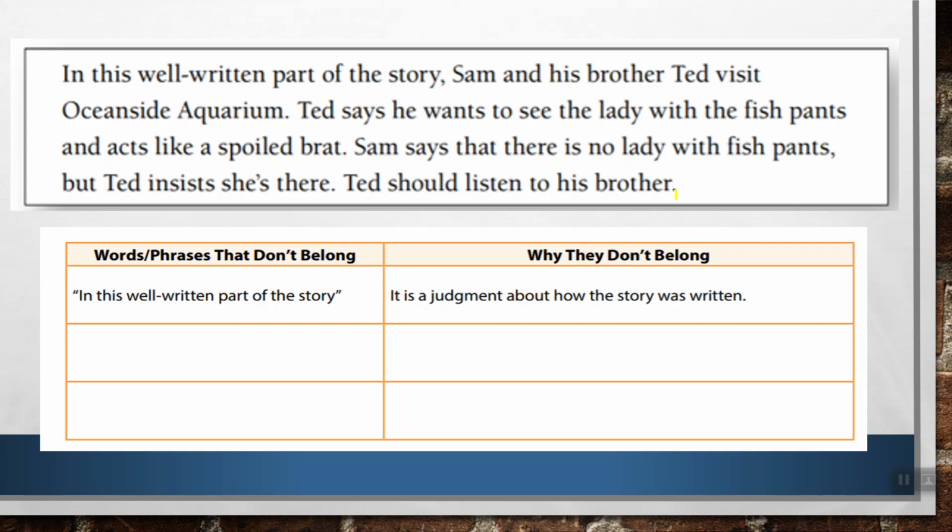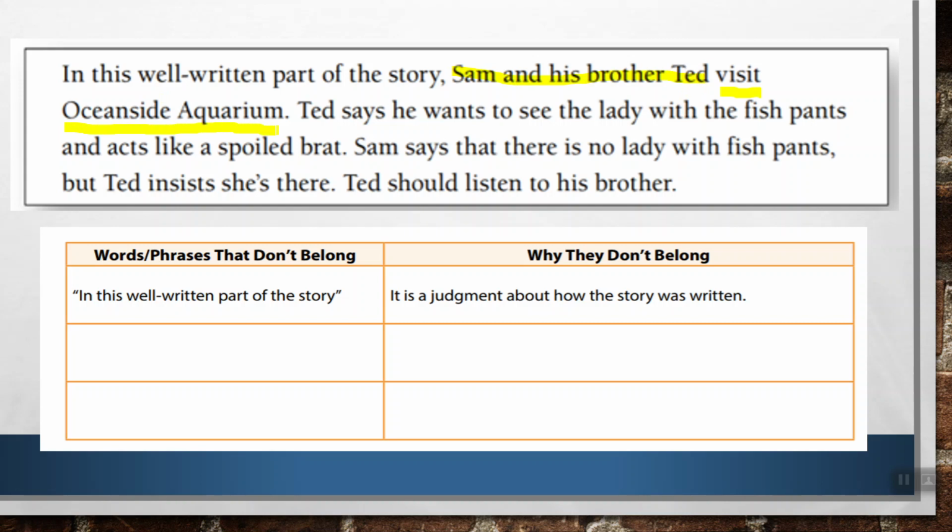Thinking back to what a summary is, short and sweet, so this is pretty short. It should only include the most important parts, which include the characters, and it talks about the characters Sam and Ted, and then the most important events. So Sam and his brother Ted visit the Oceanside Aquarium.